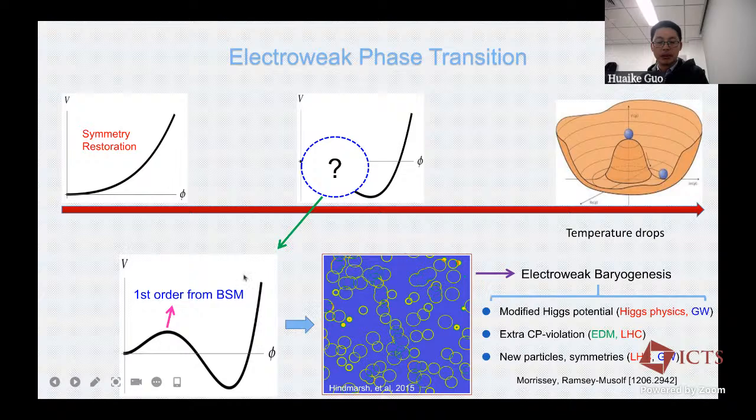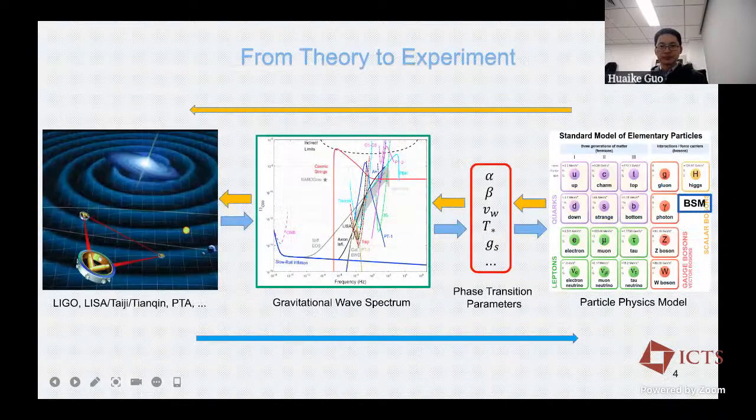And we believe that it should be first order so that we can generate the baryon asymmetry that we observe in the universe. And because of gravitational waves, this field has become very active, and it has connection with Higgs physics and searching for CP violation with high precision measurements, and also of course other collider observables. You can go to Michael and David Morrissey's review paper for more details.